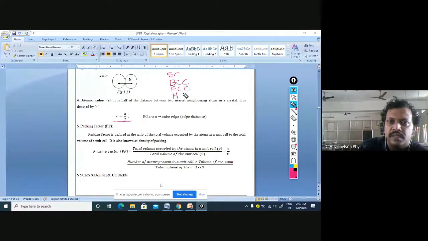Okay, I'll expand this: simple cubic, body centered cubic. You can write one by one, with the abbreviation inside the bracket. Then face centered cubic.